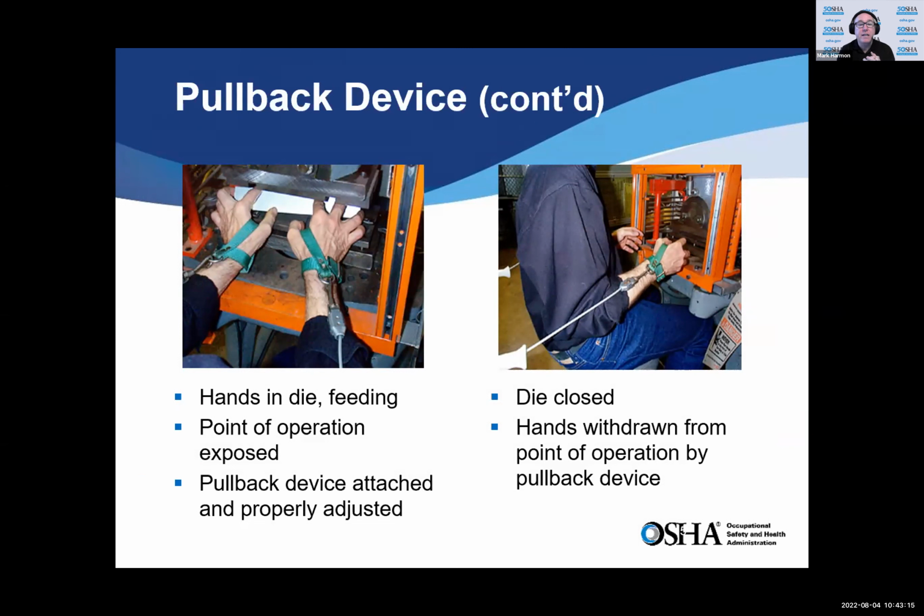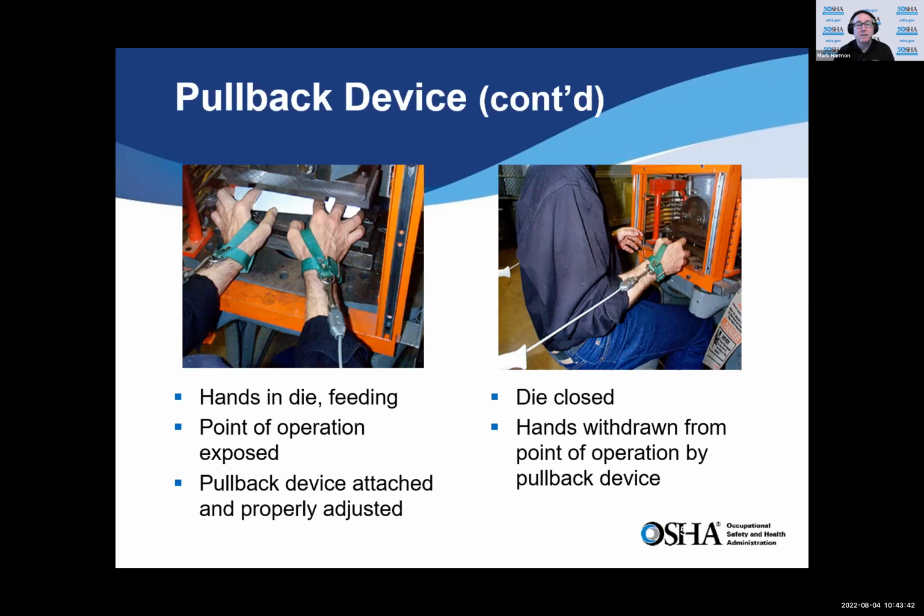And as you can see, the pullbacks on the person's hands and wrists are there so that when the machine cycles, if you can see the other picture, it literally pulls the employee's hands back. So it works. It's something that they have used for years, and it's still acceptable. It's a form of safeguarding.